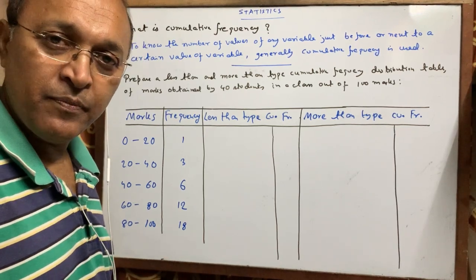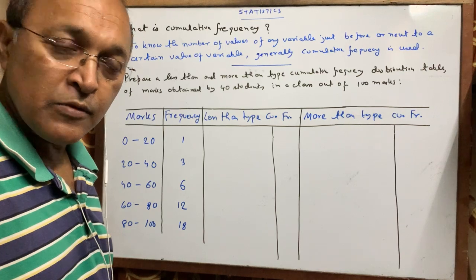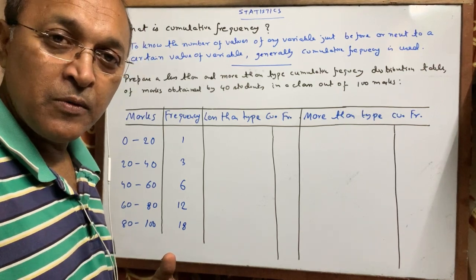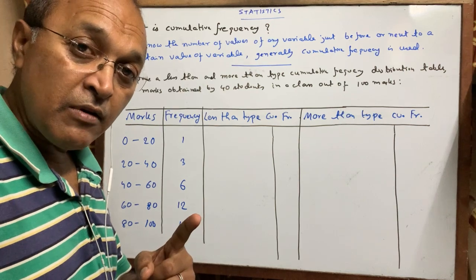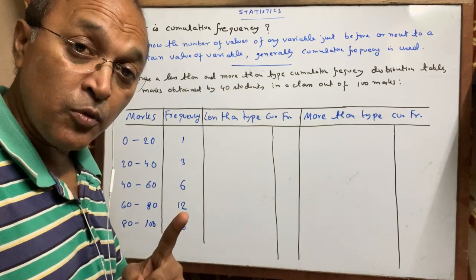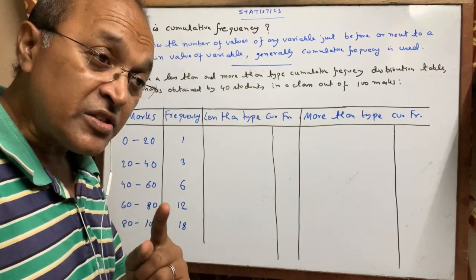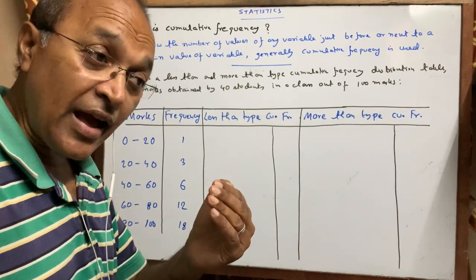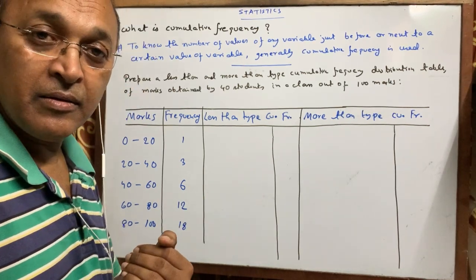So if we are asked to find out, say, less than 10 years members, then less than 20 years members, while determining less than 20 years, we have to consider the data about less than 20 as well as less than 10.